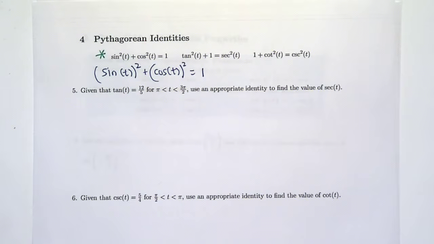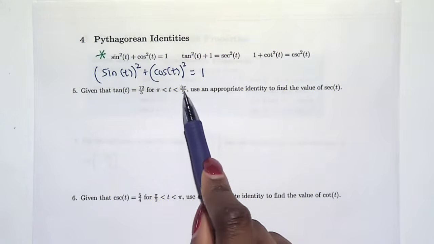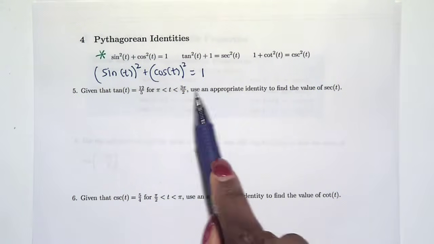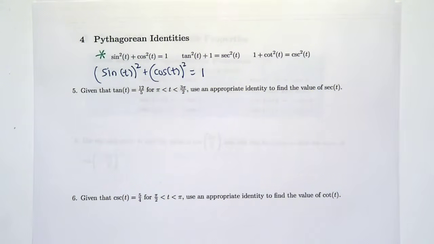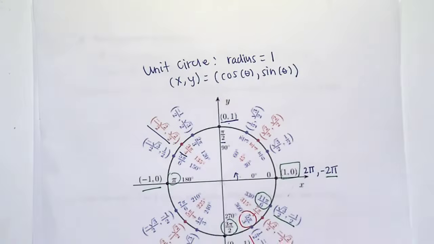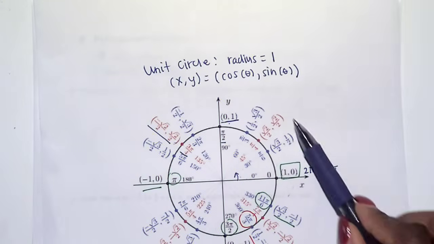All right, so it says, given that tangent of t equals 12 over 5 for some angle between pi and 3 pi over 2, use an appropriate identity to find the value of secant. One thing to notice is none of our numbers on the unit circle look like 12 over 5.